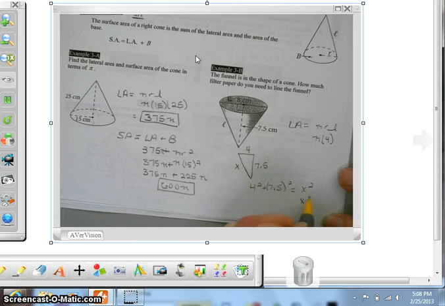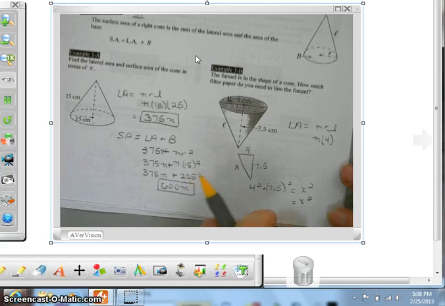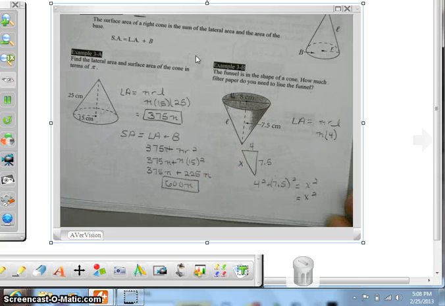So x squared equals, and we're going to have to work that out. We have 16, which is 4 squared, plus 7.5 squared. That's 72.25. And of course, we're going to take the square root of both sides.